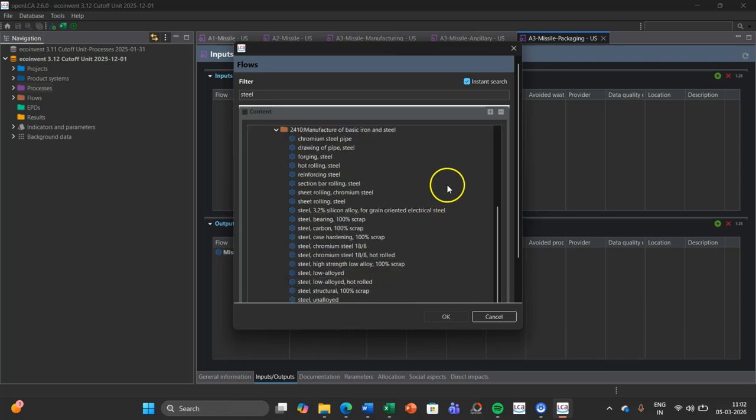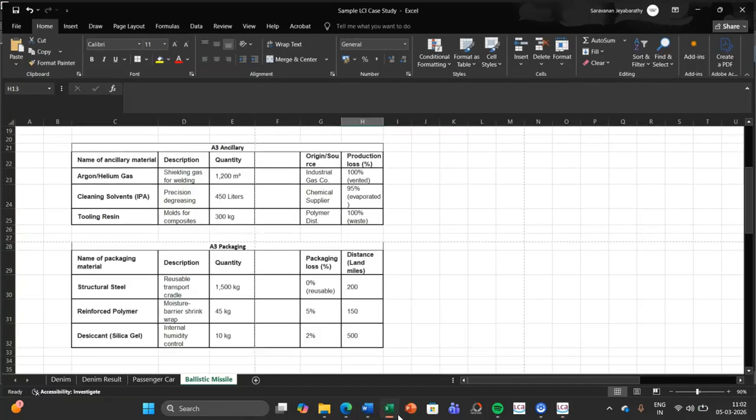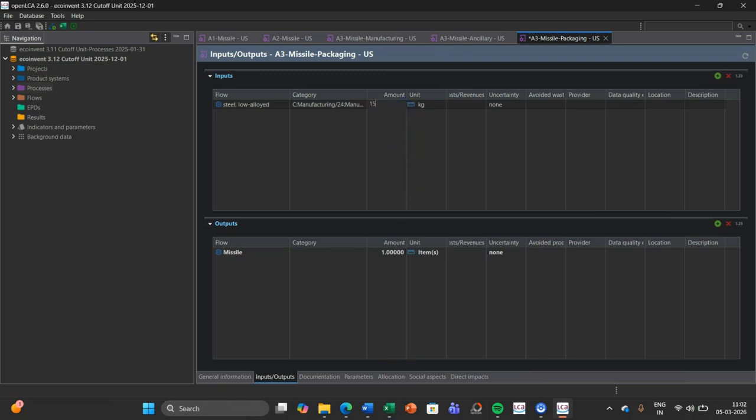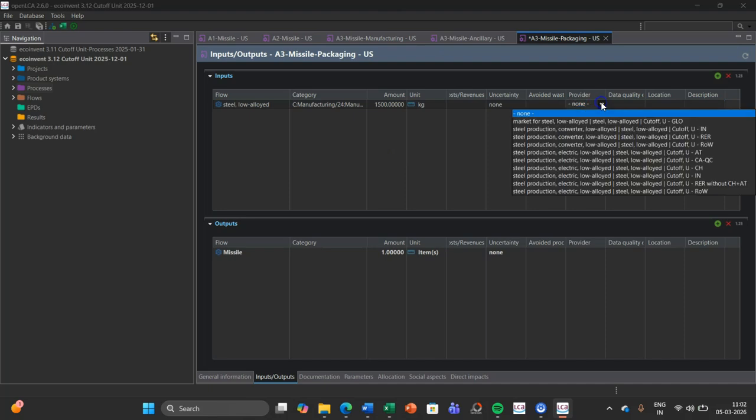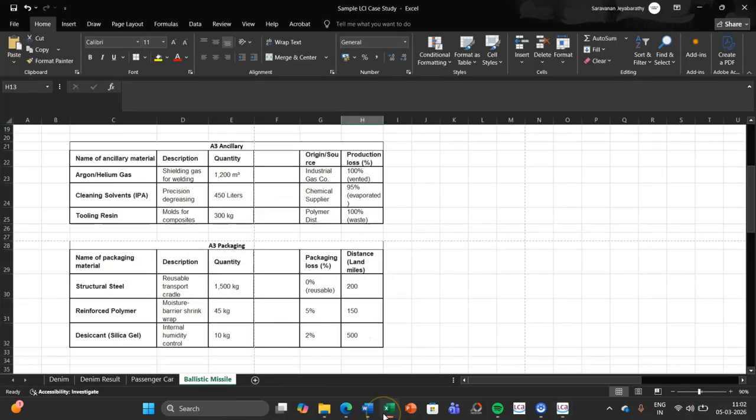Iron, yeah, here it is, steel low alloyed. Okay, what's the value? 1500 kg. The provider. Okay, US, even India is there. Okay, let's put global average.